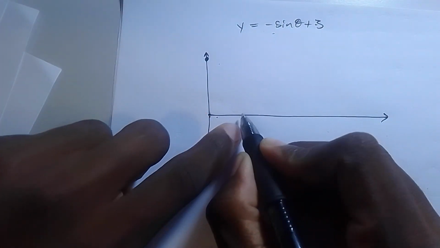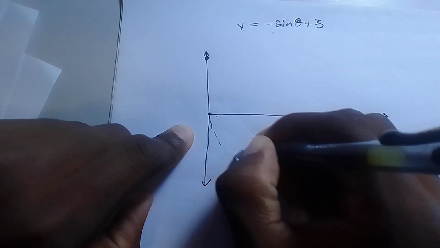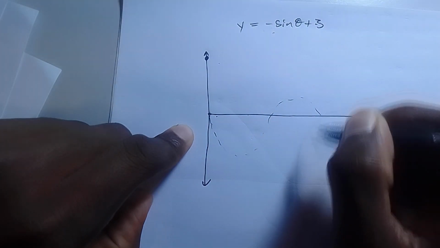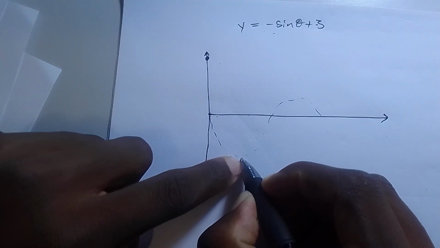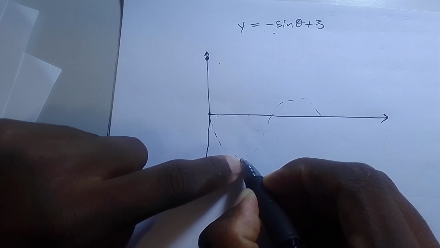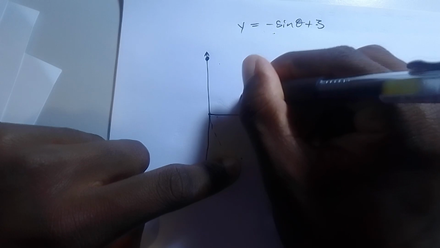The point that was going to be here, it was going to go something like this. This point was -1. If you add 3 to -1, it's going to be 2. So it's going to be there.